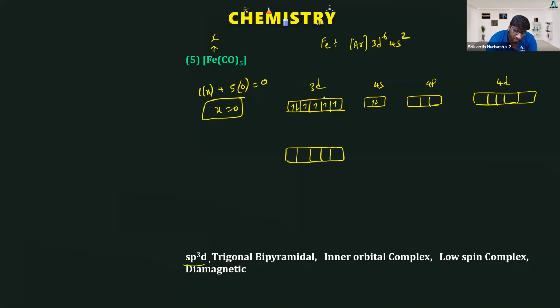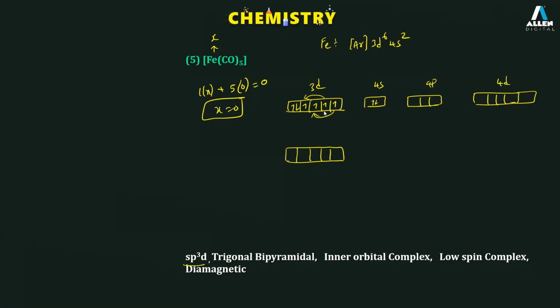We can say these 2 electrons paired up, these 2 electrons paired up. If they pair up, vacant orbitals will form.